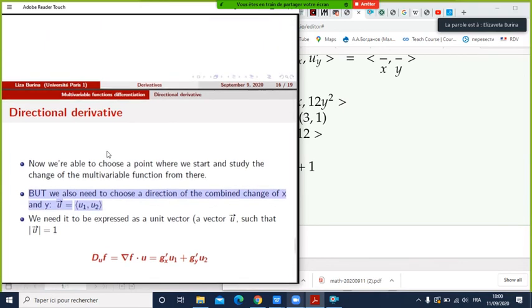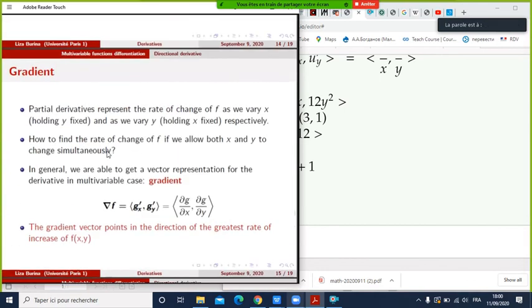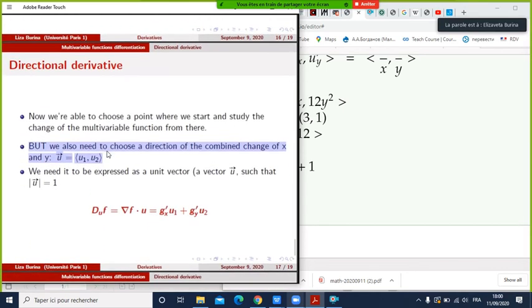So in case of the gradient, we didn't have to do it because the gradient is the direction of the greatest increase. But now let's say we don't want the direction of the greatest increase. We just want to know by how much f will increase if x is increasing by 2 and y is increasing by 3. So we need to choose this direction.